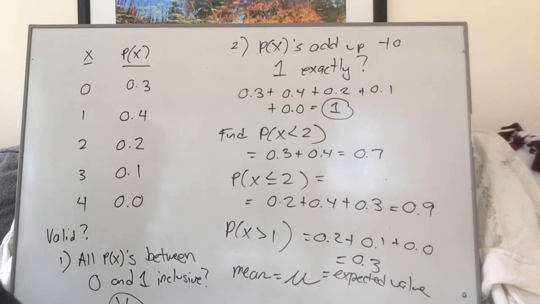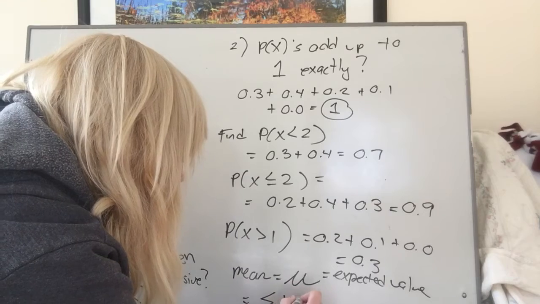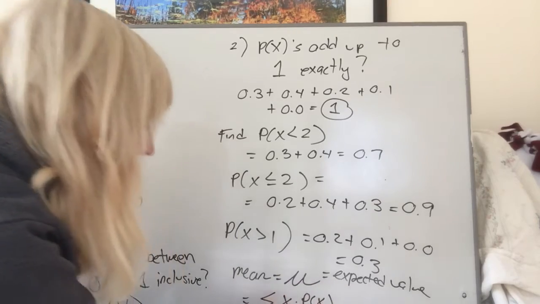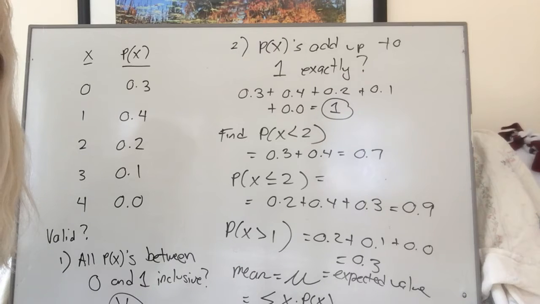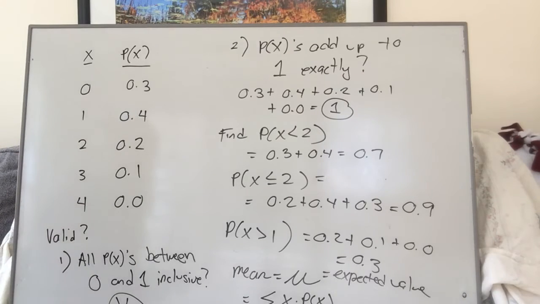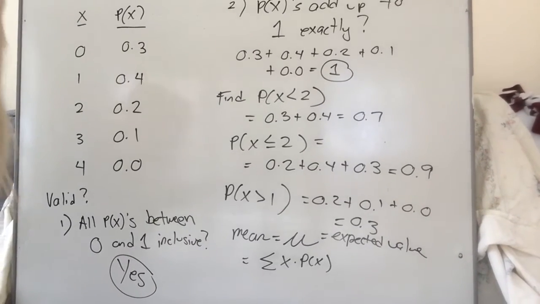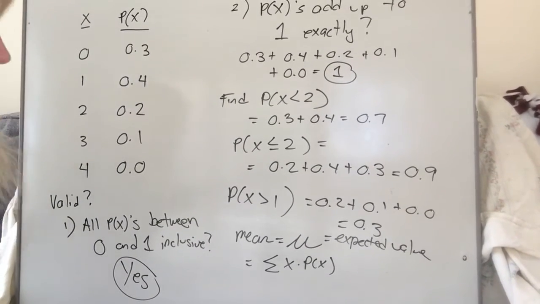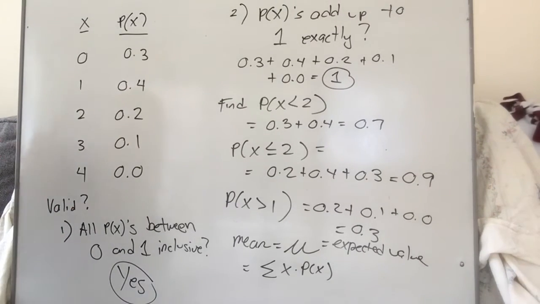And there's a formula, and it's equal to the sum of x times P of x. That crazy looking E is sum of, x is the x value, and P of x is the probability.